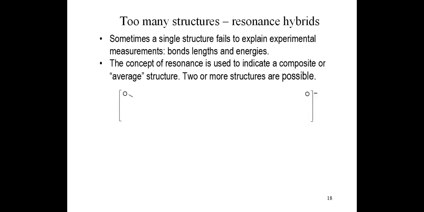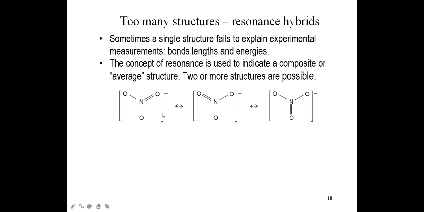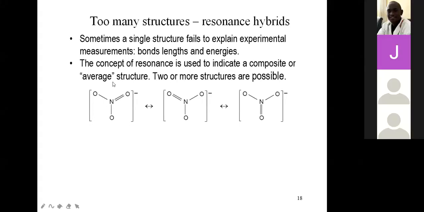For example, this structure for NO3. If you number these oxygen atoms, oxygen number 1, 2, 3, it is possible that the double bond at some point will be on oxygen number 2, oxygen number 1, or oxygen number 3.